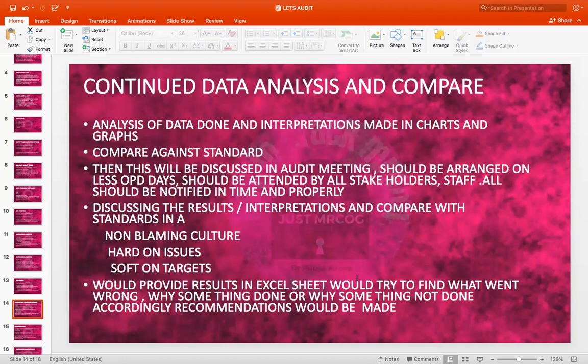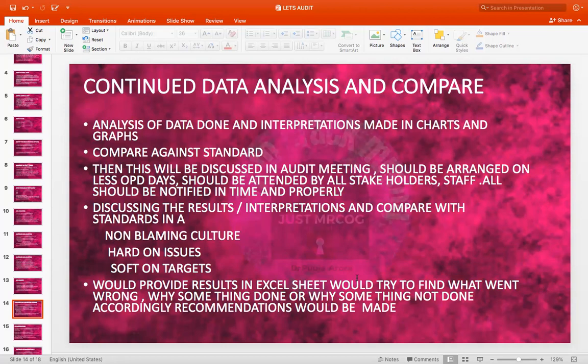So the first thing is your data collection. Second is the analysis on the basis of your data collection, whatever you are doing in the hospital, which they are going to make in graph form. Then they are going to compare it with whatever standard they have. Then your analysis plus their standard is equivalent to the interpretation or the result.